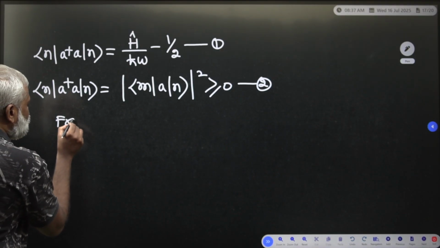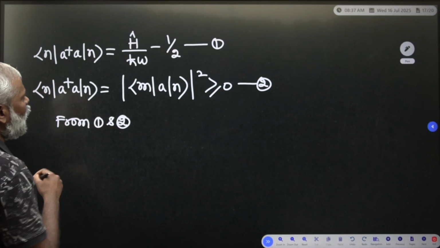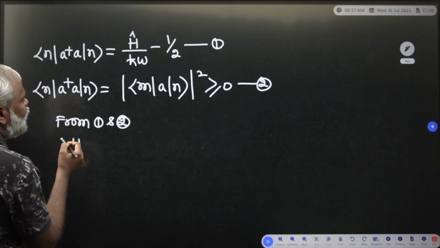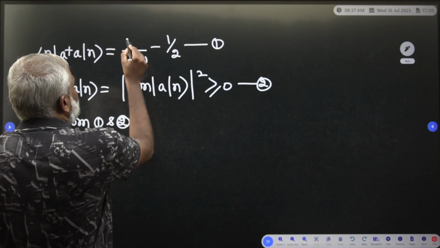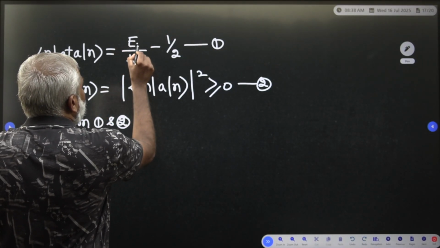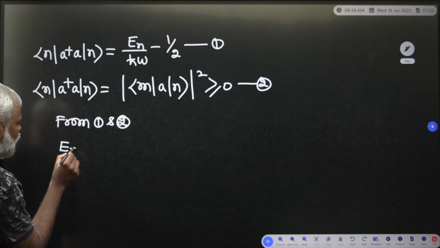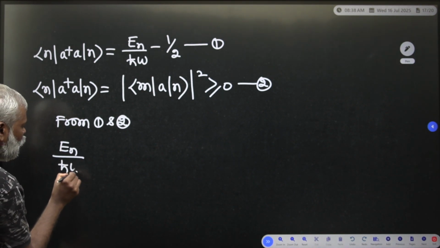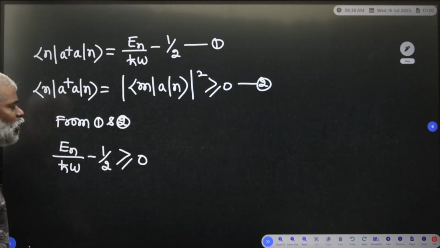From equation number 1 and 2 we have to write the expectation value of En. This one we take as the energy value En. So En divided by h cut omega minus 1 by 2 is greater than or equal to 0.